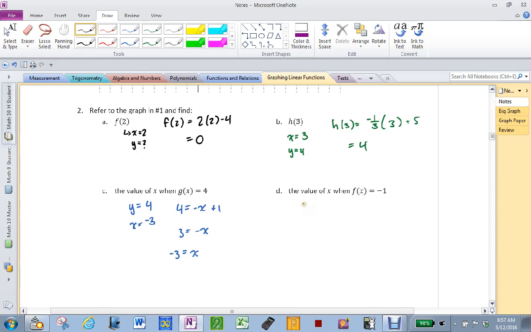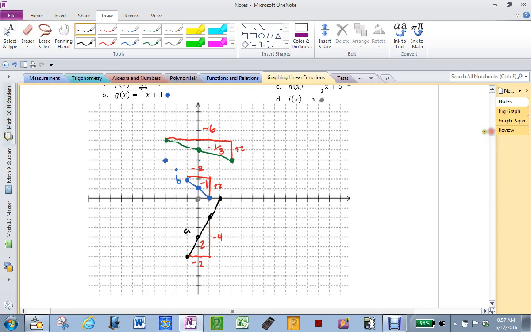So do I know the y or the x? The y is what? Negative 1. So on my black line, I go to negative 1, and then what? I go over and I see, what do I see? We're not sure, are we?